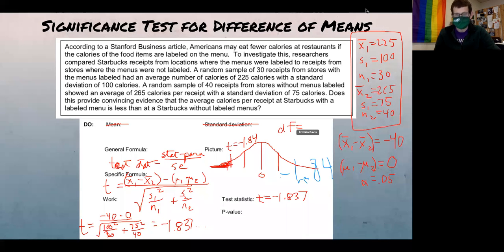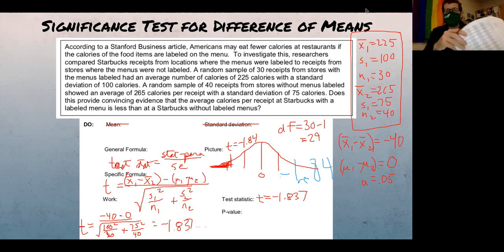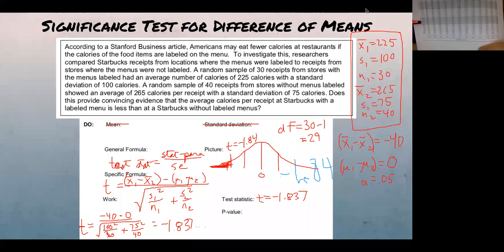Just like we did yesterday, our degrees of freedom is the lowest sample size minus 1, so 30 minus 1. We're going to go with 29 degrees of freedom. If you wanted to use a table, you're going to find out it's way easier to use a calculator, like it is in a lot of cases. But if you were limited to it on the test, they do give you the tools you need to do it without a calculator.